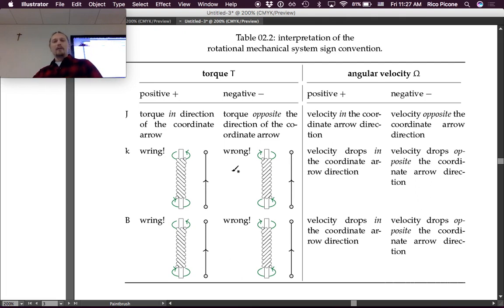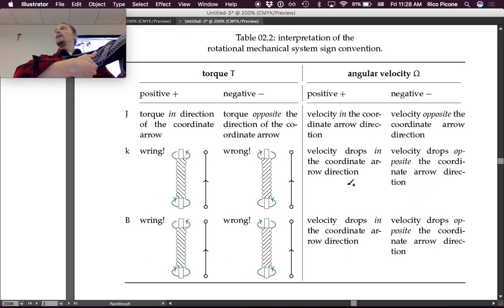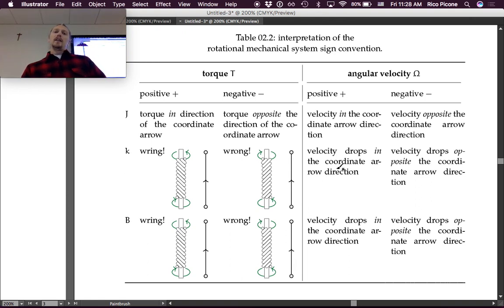Okay, so we also have for the spring and the damper the interpretation of the sign of the angular velocity. A positive angular velocity drop in the direction of the coordinate arrow means that you're twisting faster on one end than you are on the other end. In the positive sense, that means the tail of your branch is moving faster than the head of your branch.